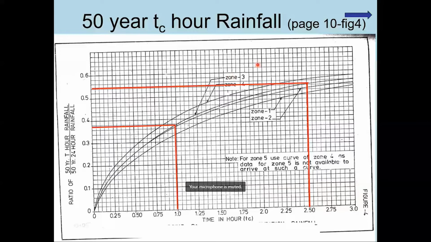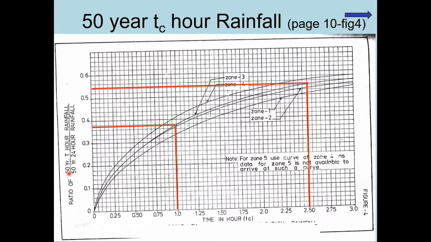Again, I will request that on a piece of paper you write only figure 4, and figure 4 has two ordinates, y and x. On the x ordinate there is time. This time is TC, meaning time of concentration. The y ordinate indicates a ratio.